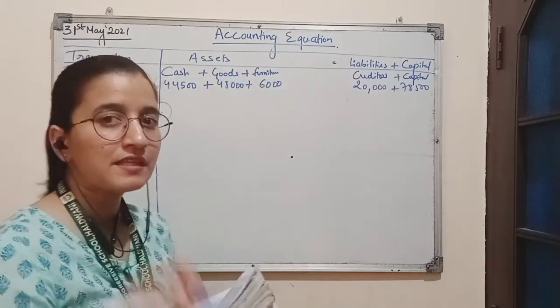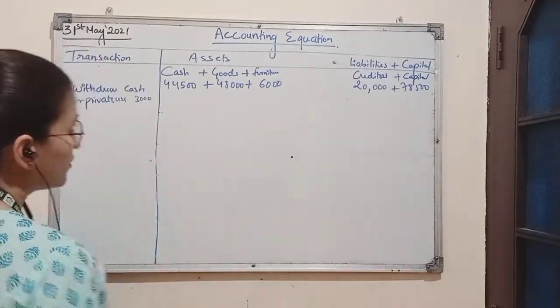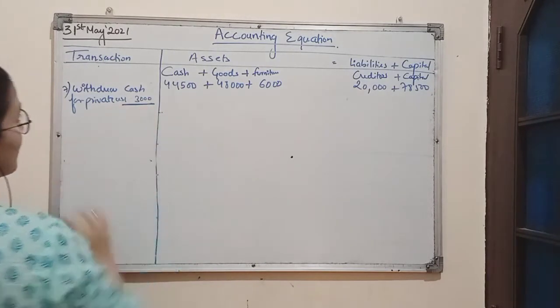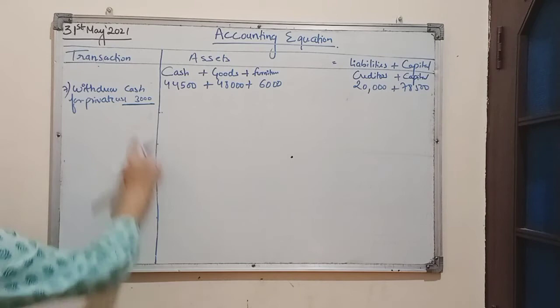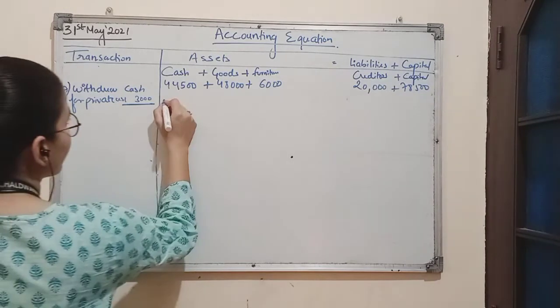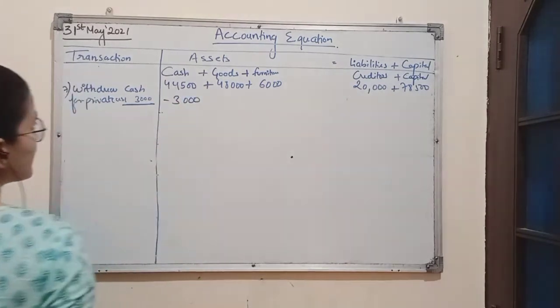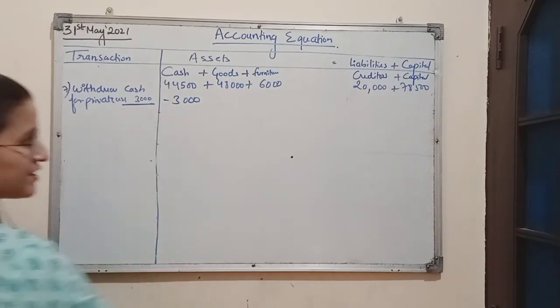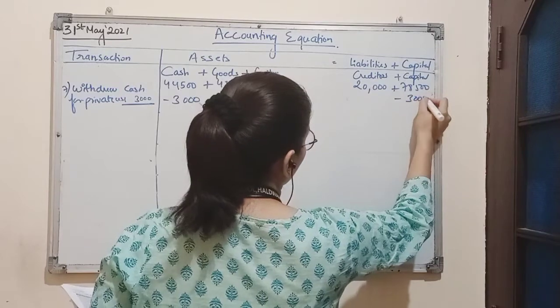So drawings means the amount has been withdrawn from capital and cash. So we will reduce the balance of cash and capital by the amount 3,000. As the amount has been withdrawn, there is an outflow of cash and capital.